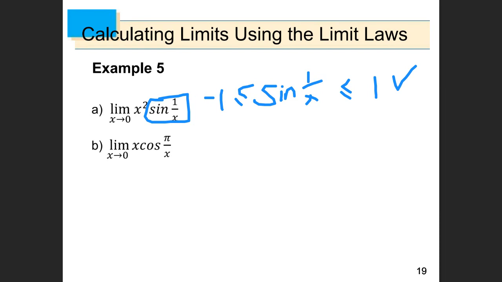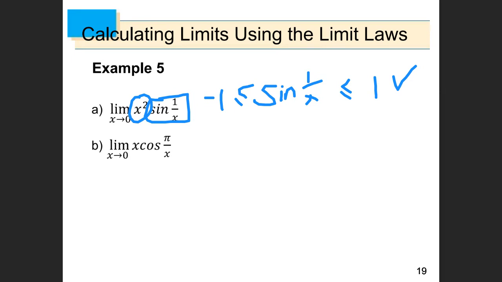What's the next step? There's an x squared there, right? So I need to multiply all through by x squared. Now, x squared will always give you a positive output, because I'm raising x to an even power. Multiplying an inequality all through by a positive value, your inequality sign does not change.